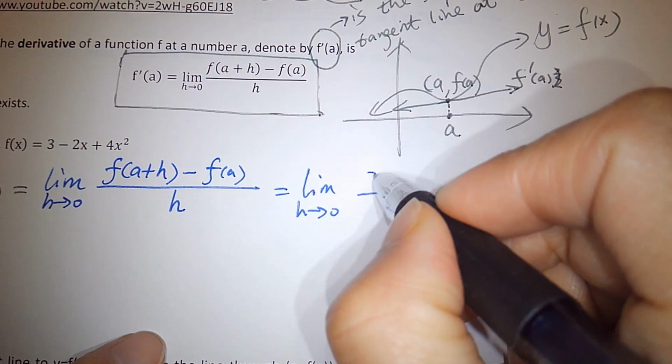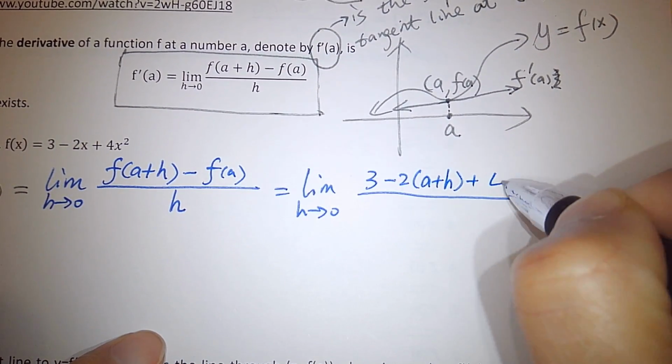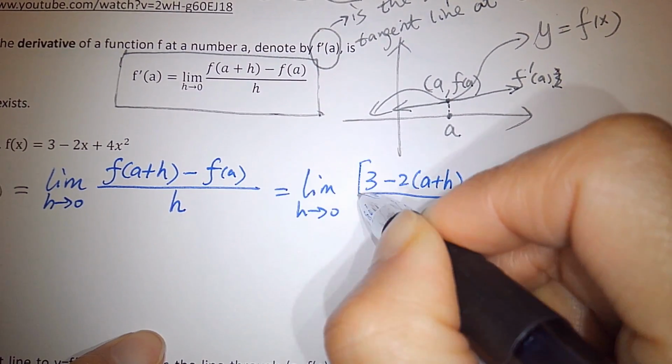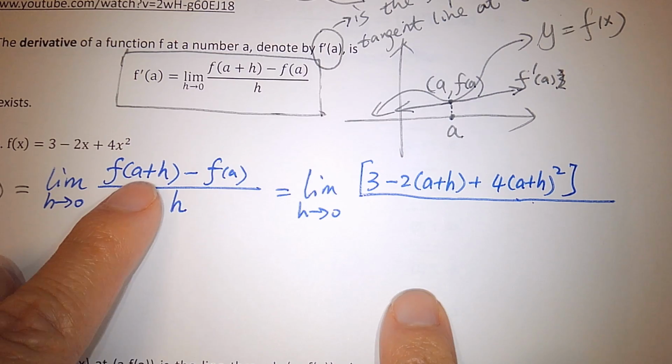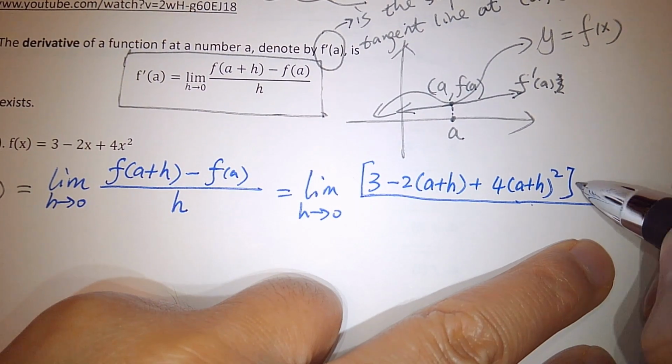So we'll have 3 minus 2 times a plus h plus 4 times a plus h squared. This is f of a plus h. Do you see that? And then minus f of a.